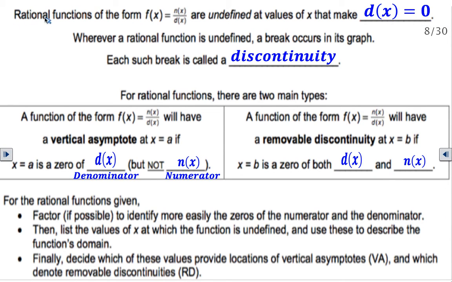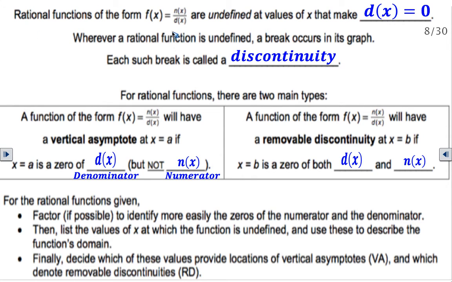Okay, so rational functions in the form of f of x equals an equation in the numerator divided by an equation in the denominator are undefined at values of x that make the denominator equal to 0. So you just take your denominator, set it equal to 0, and solve for x. Same principle that we were doing with our polynomials when we solved for x and tried to get our solutions, or our x-intercepts or zeros.